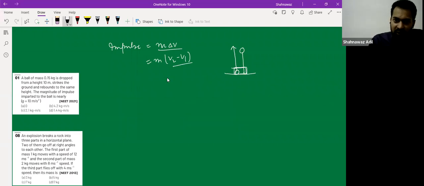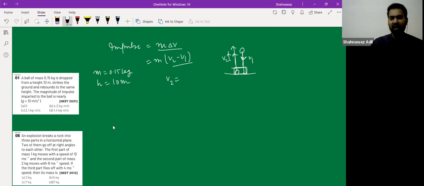So we will calculate the impulse from here. Here V1 is in the negative direction, and V2 is in the opposite, the positive direction, right? The mass is 0.15 kg, and your height is 10 meters. Can you guys recall the free fall question?